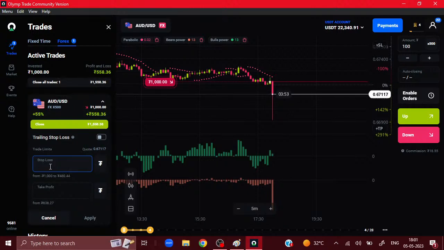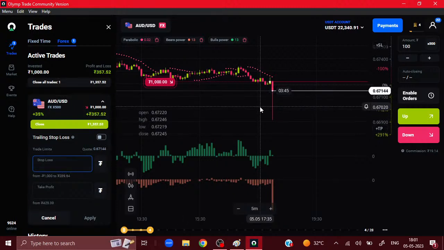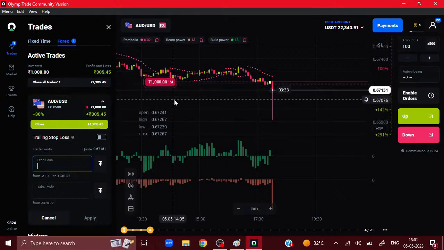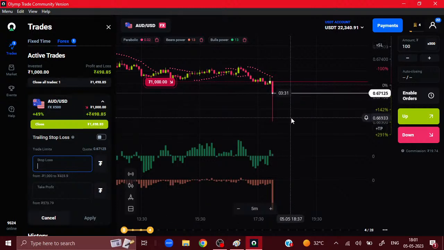Or if you are willing to take the risk, then you should just go along with it, and not shift your stop loss here. I'm expecting a further downfall here. Let us wait 5 to 10 minutes.